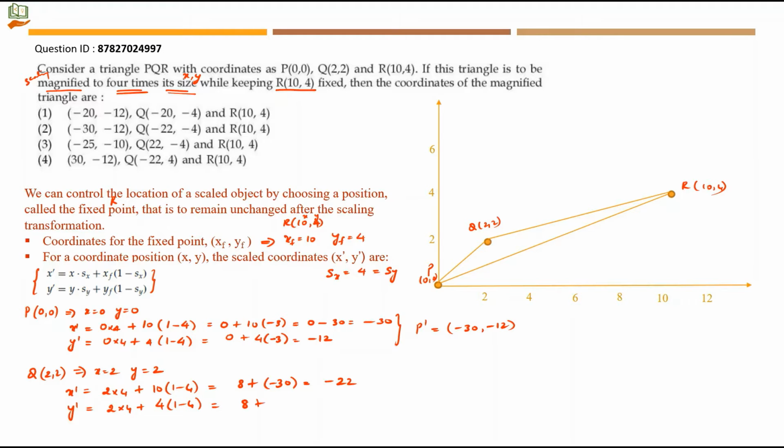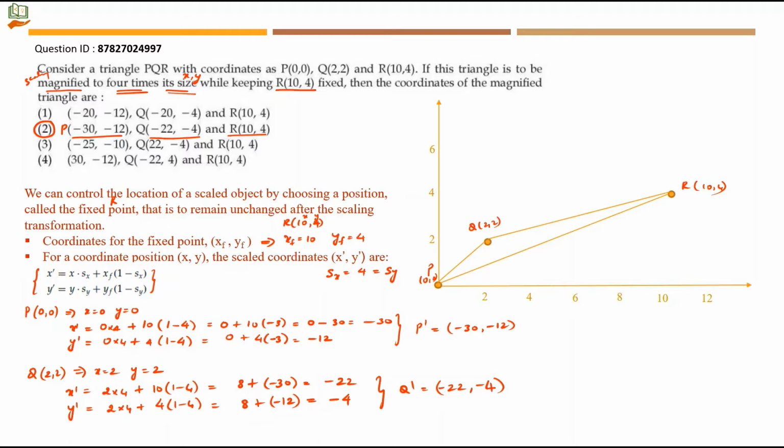So 8 plus minus 12 and you will have minus 4 here. Now from this, the Q' value will be (minus 22, minus 4). So in option number 2 you have (minus 30, minus 12) for P and (minus 22, minus 4) for Q, and R remains fixed. Option number 2 will be the right answer.